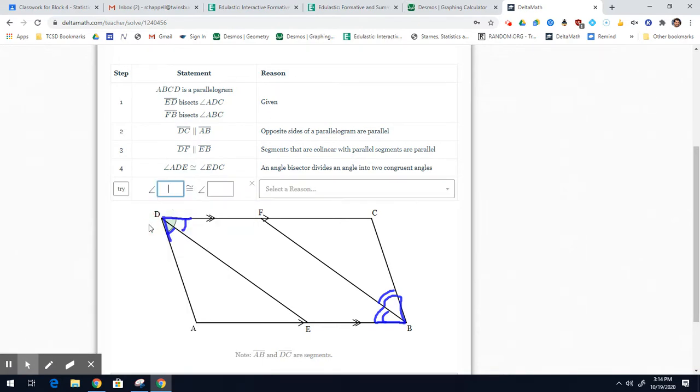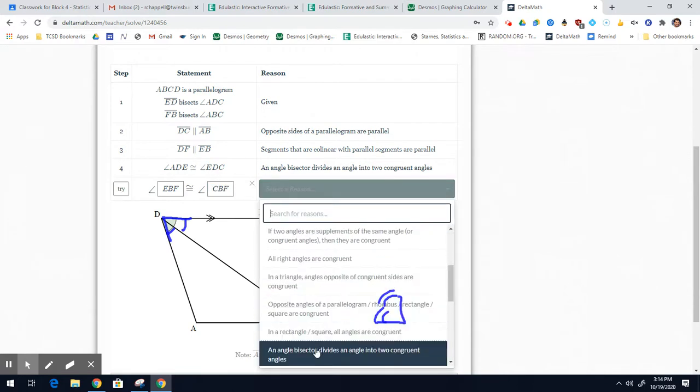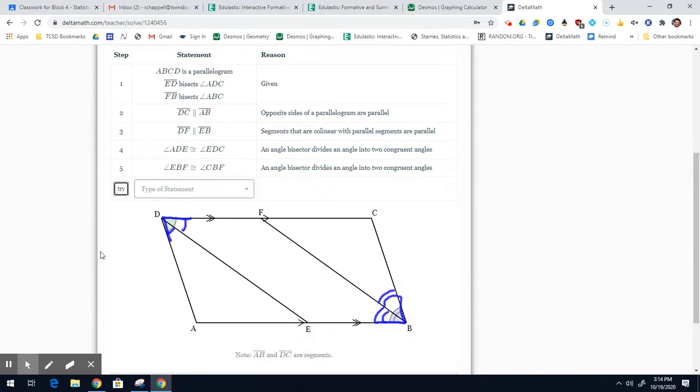And I'm letting you know, I think I just figured out the proof, but we'll see. Okay, so I said EBF is congruent to CBF, again by an angle bisector. Nice. Okay. All right. So I have that stuff written out right there.